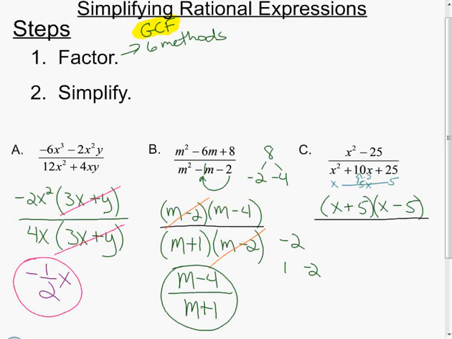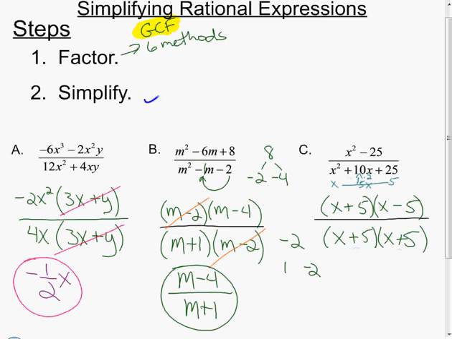When I double that, I get 10x, so this is a perfect square trinomial, which means I'm going to get two binomials that are identical, and that's just going to give me the sum of the square roots twice. I know it's the sum of the square roots because the middle term is positive. Again, whatever sign you get for that middle term, both the signs are going to be.